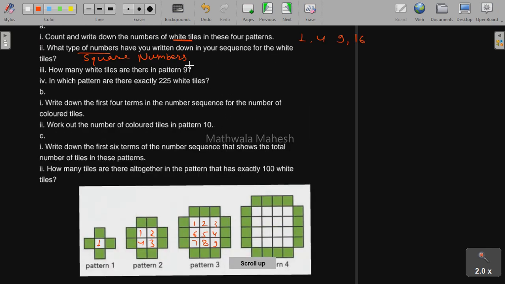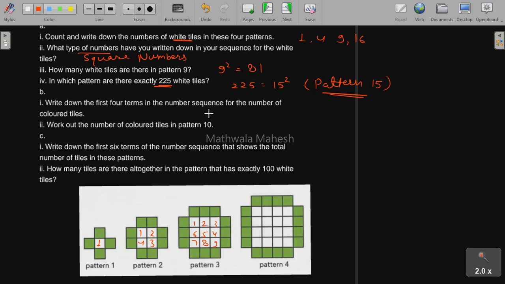So in pattern 9, we have to do 9 square, which is 81. In which pattern are there exactly 225 white tiles? We know that 225 is 15 square. It means this is pattern number 15. So the answer is pattern 15.